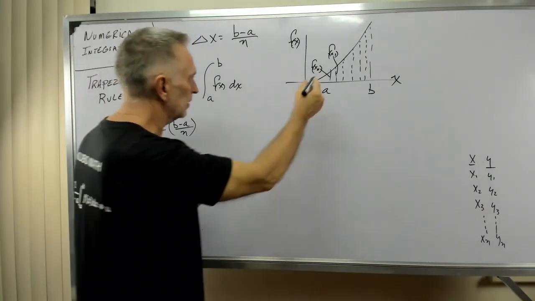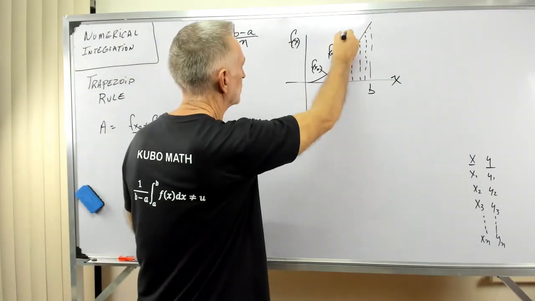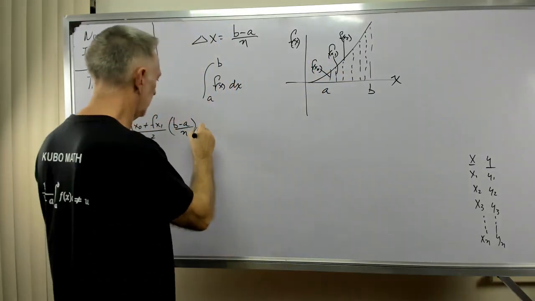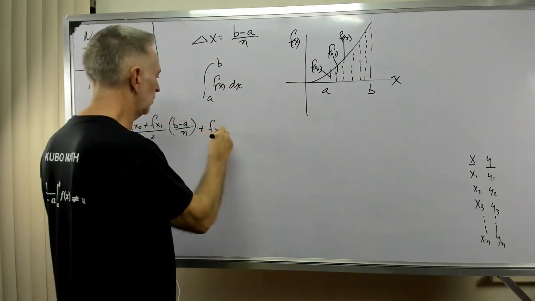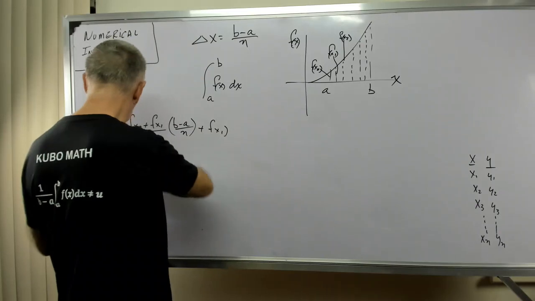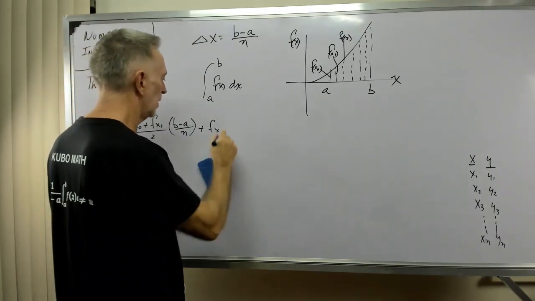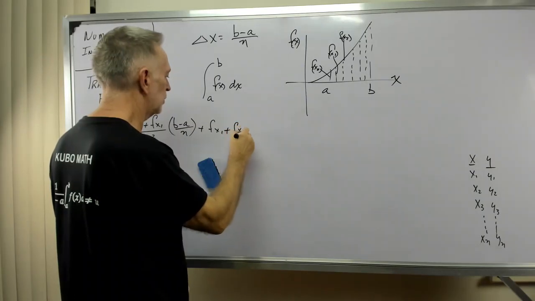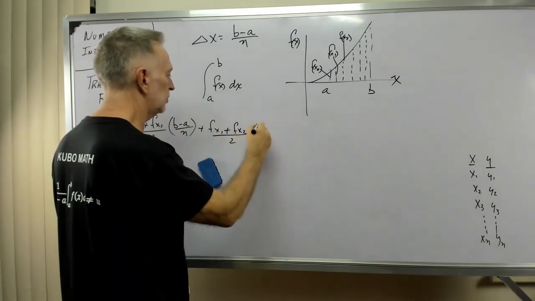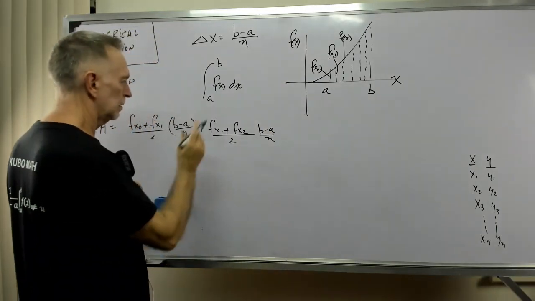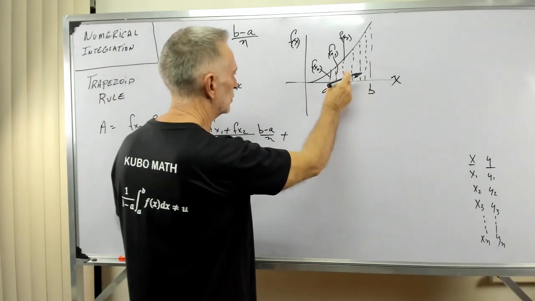What about the second block? This point right here is f of x sub 2. So now I have f of x sub 1 plus f of x sub 2 divided by 2 times delta x. That gets the second one.